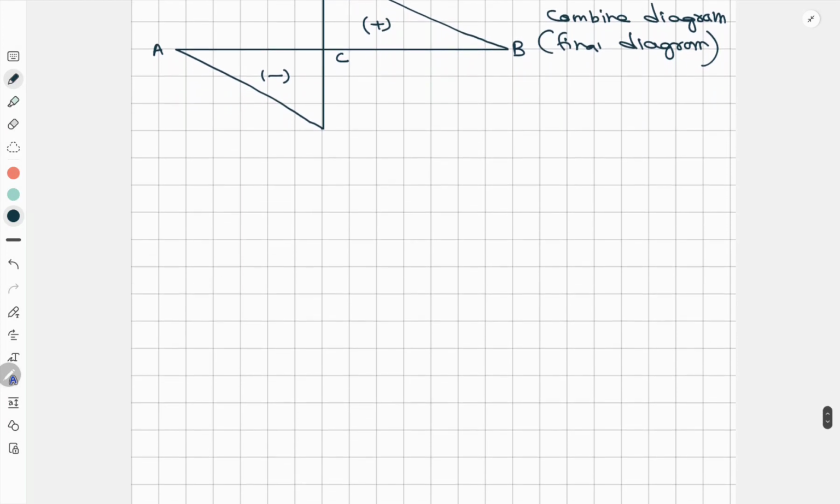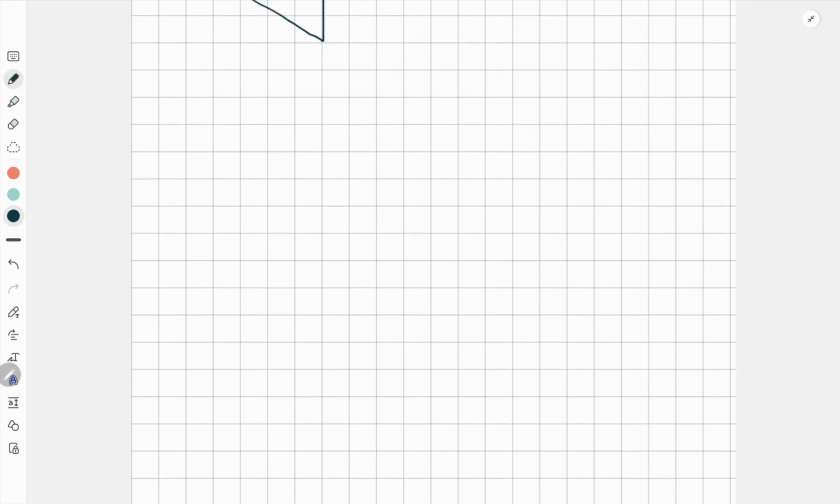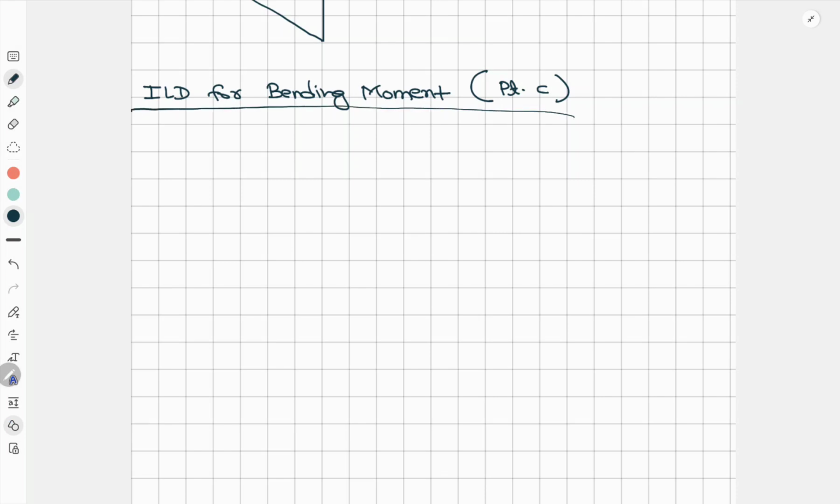Okay, so now next is ILD for bending moment. For bending moment also we have to find for the point C. So again I will redraw the diagram here.